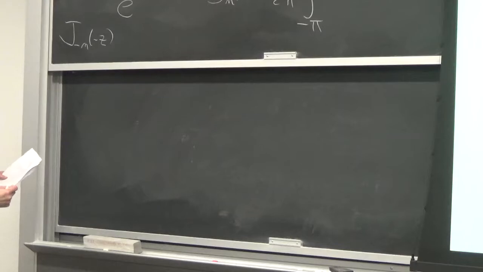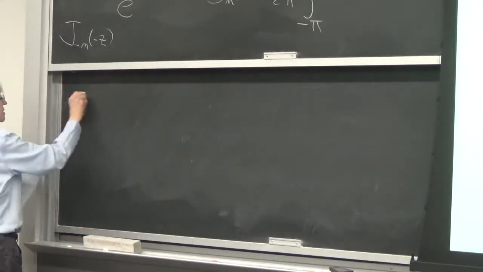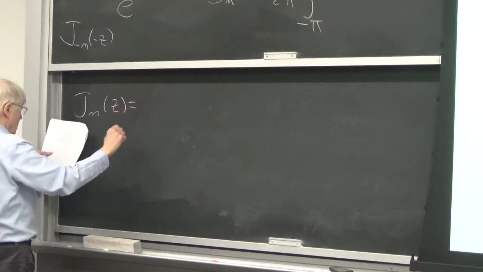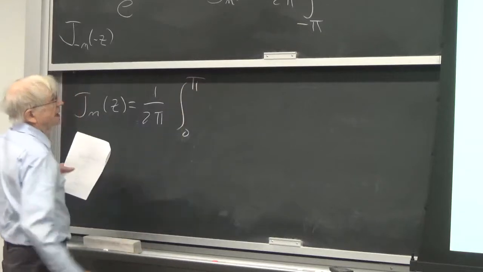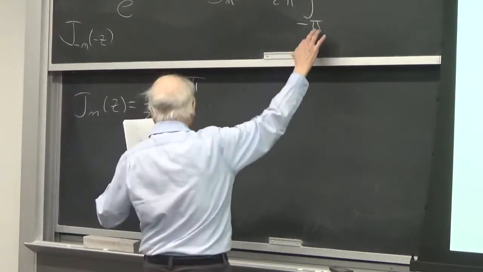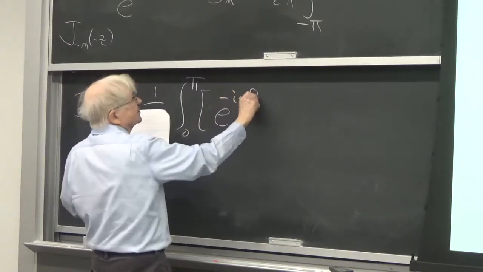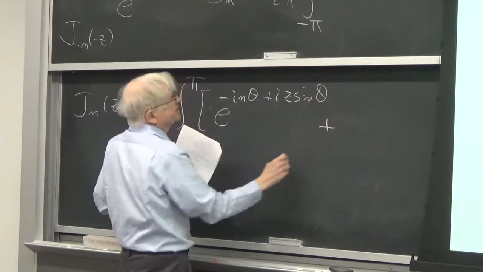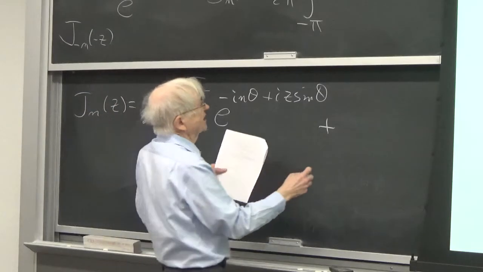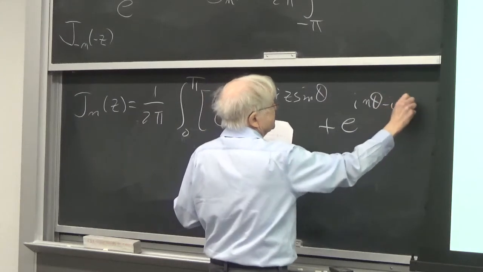So let's take that expression and now change the interval of integration to zero to pi, and for the positive range we'll just have the exponential e to the minus i n theta plus i z sine theta, and then for the negative range we're going to have theta negative, so we have e to the i n theta minus i z sine theta.